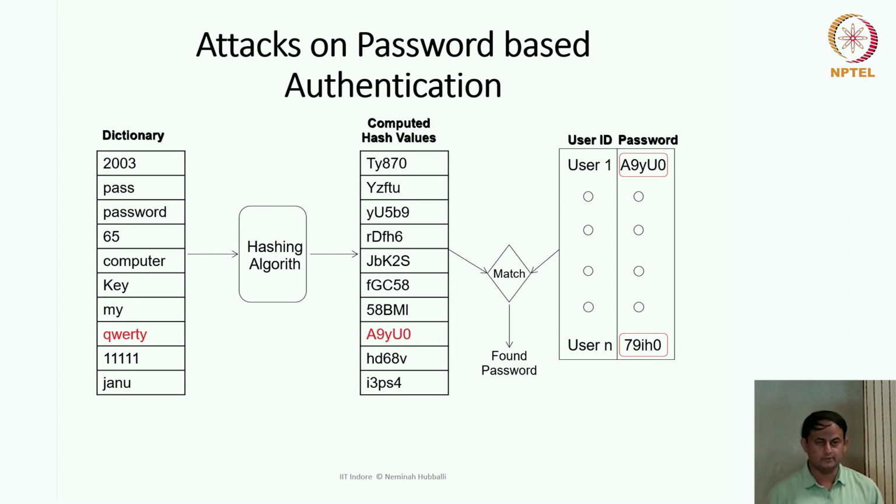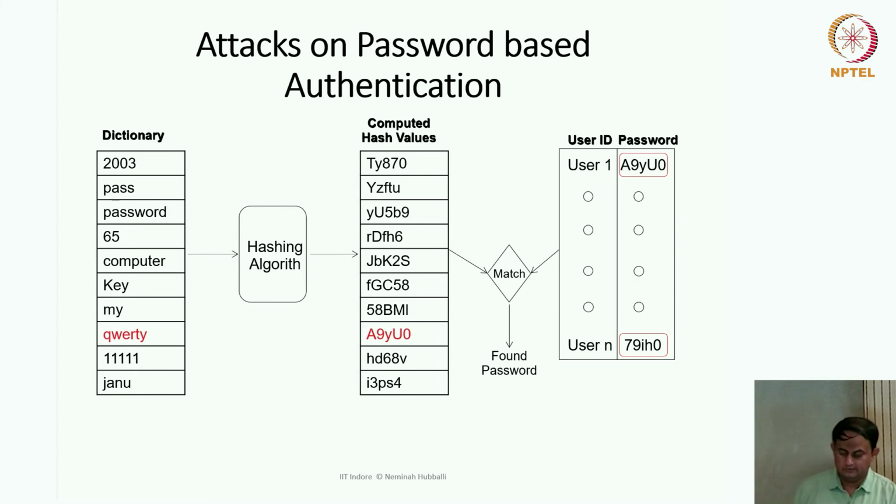The simplest attack is called the dictionary attack, and there are two cases here. One is when the salting method is used, and how we crack the password then. Second, when there is no salt involved, and how we crack the password.